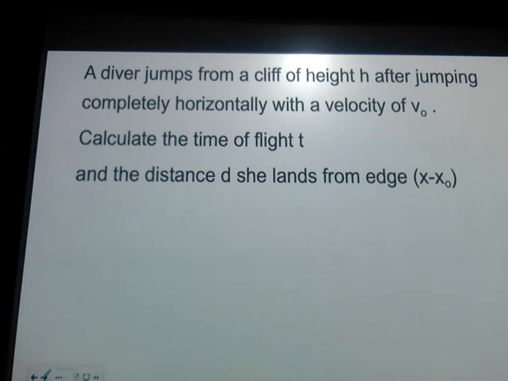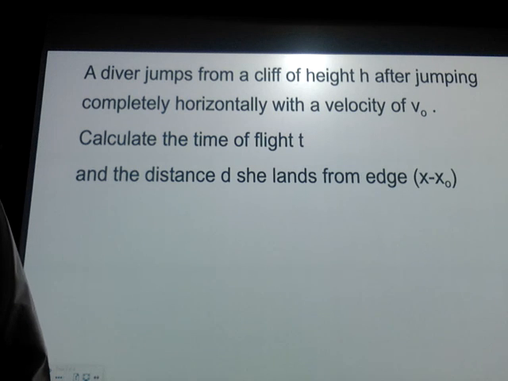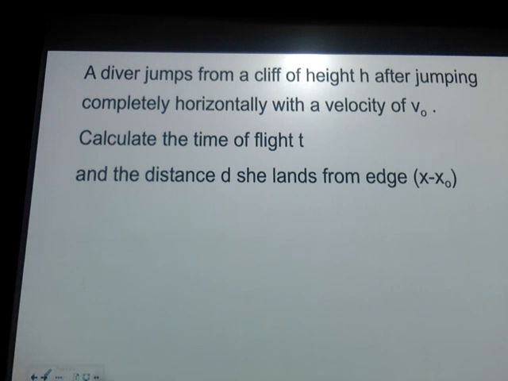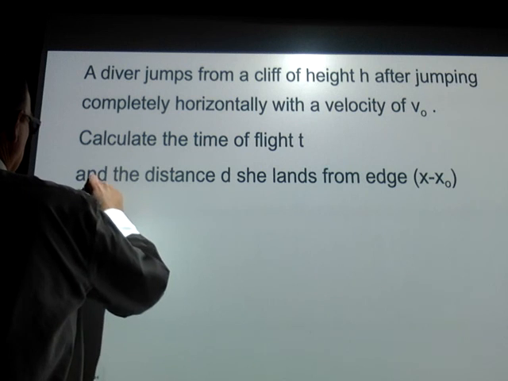So I wanted to show you guys one of these as well. A diver jumps from a cliff of height h, jumping completely horizontally with the velocity of v naught. Calculate the time of flight and the distance d she lands from the edge. So again, I'm going to start with two charts.